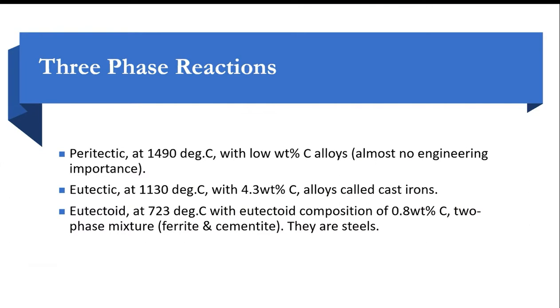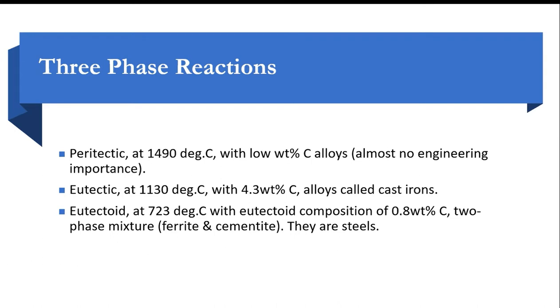There you have peritectic, eutectic, and eutectoid. Peritectic, right, means it starts with liquid and converts to solid. So eutectoid means it starts with solid, and it will change into liquid plus solid or only solid.